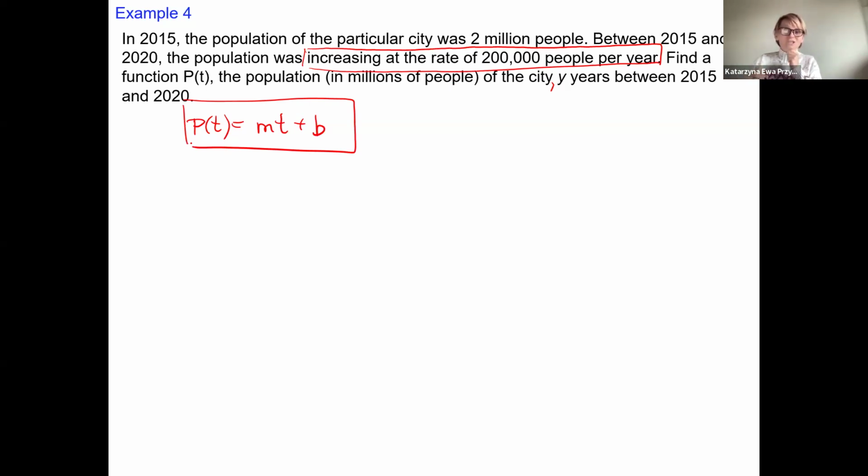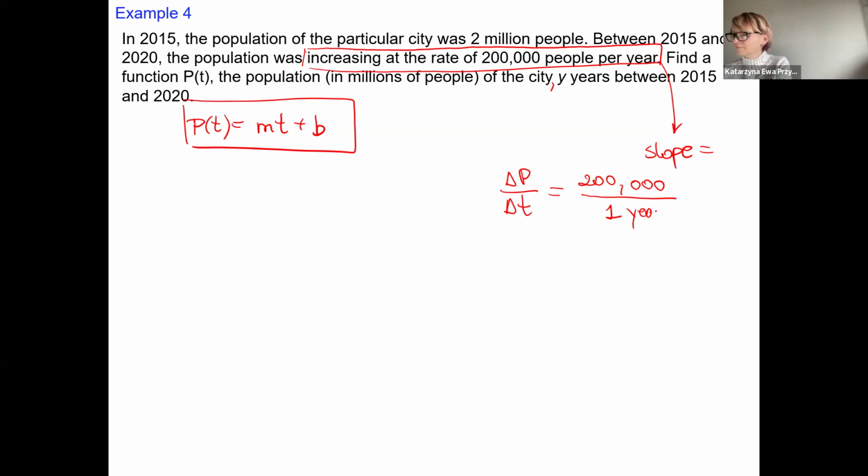And that sentence is telling us the slope. What's the change? The slope is changes in the population over the time. That means this one will be 200,000 people per 1 year.